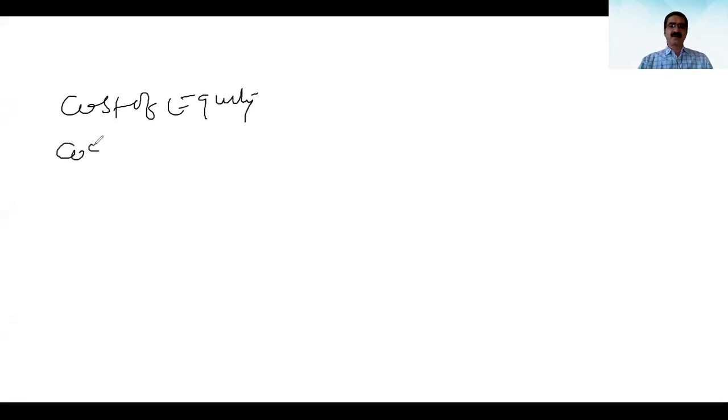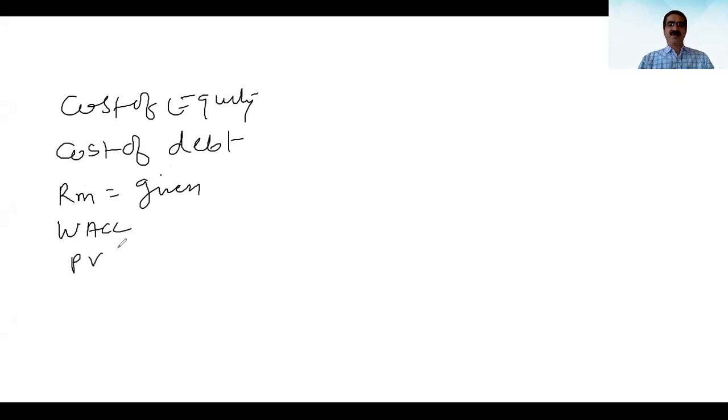Second is cost of debt. Third is RM, which is given, and the cost. Then we will find out the WACC, the PV factor.